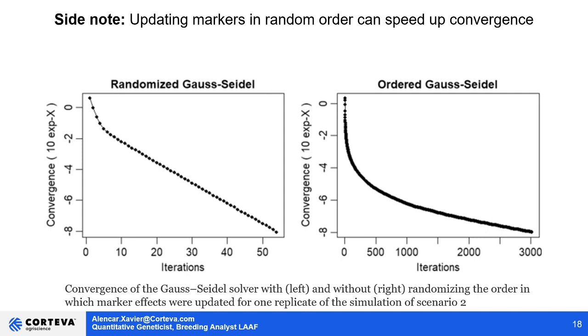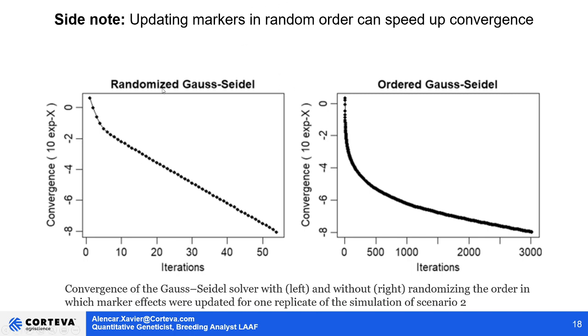Another thing that we point out in our study is a rather new discovery: if you update the markers in random order, you can truly speed up the convergence.